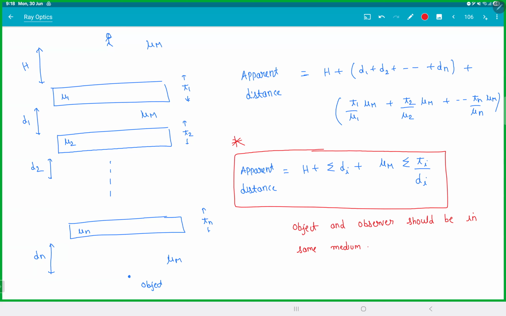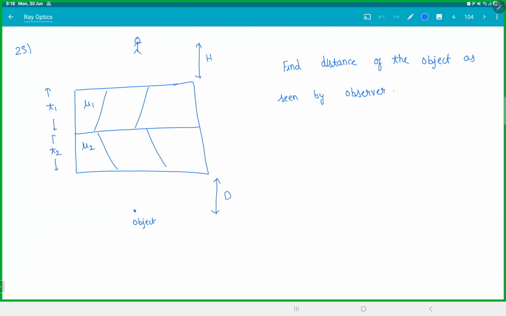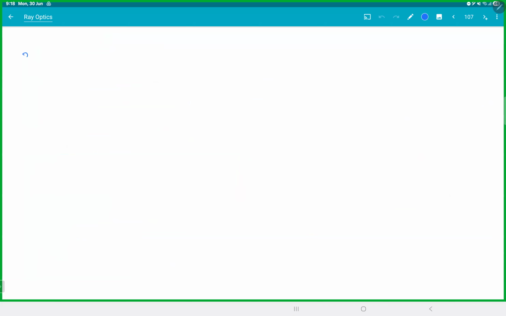Is this clear? All got this? So let me ask you this question then. Same fish and bird question, but let's say we'll do it a little differently. Let's say we have a swimming pool, but at the bottom of the pool, there is a mirror.